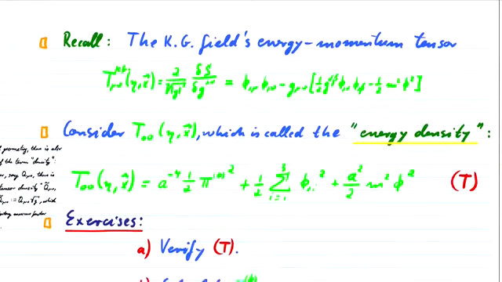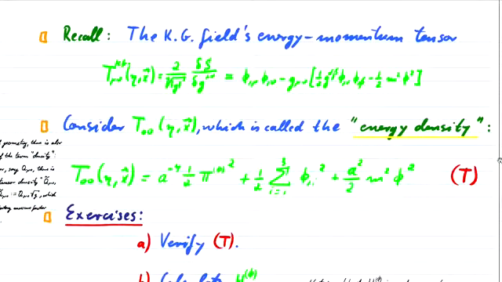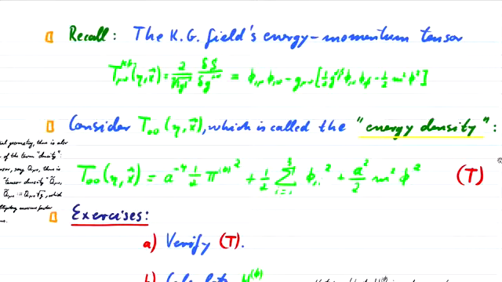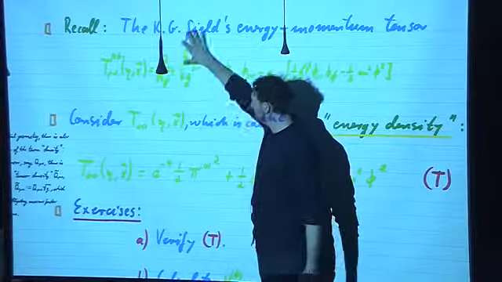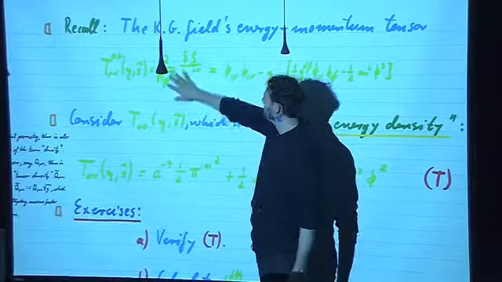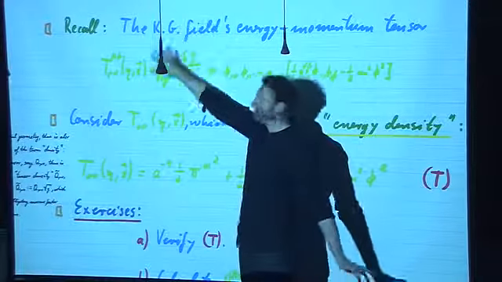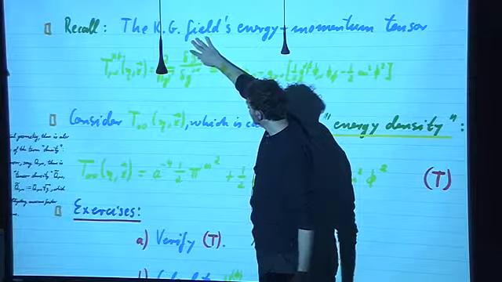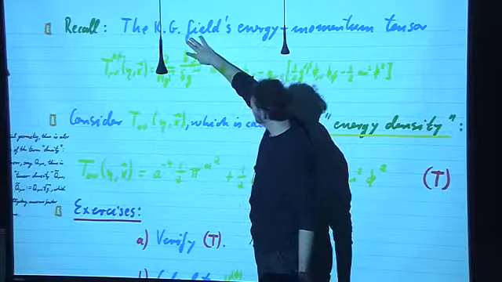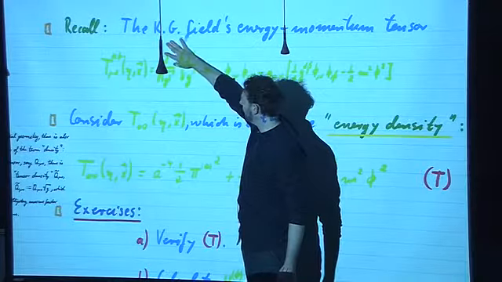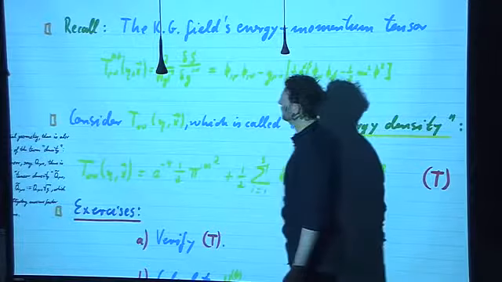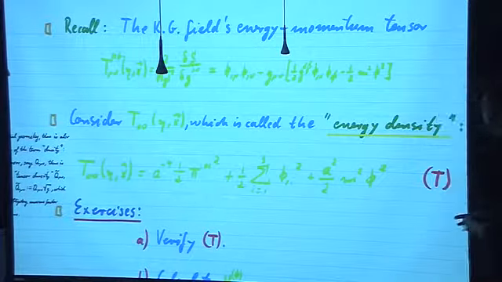Now, for a Klein-Gordon field, we can calculate the energy momentum tensor. And those of you who've taken my course last term will remember it, I hope. The energy momentum tensor for the Klein-Gordon field comes out to be this expression. I mean, this is the definition. The energy momentum tensor for any kind of field is given by the functional derivative of the action of the field with respect to the metric, and then you multiply with 2 over the square root of the absolute value of the determinant of the metric.